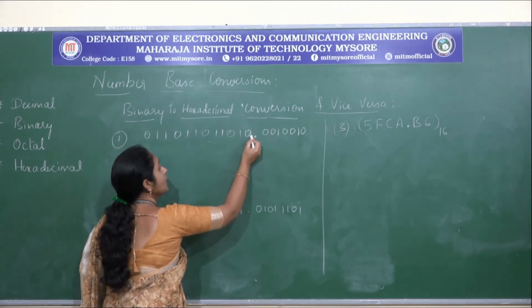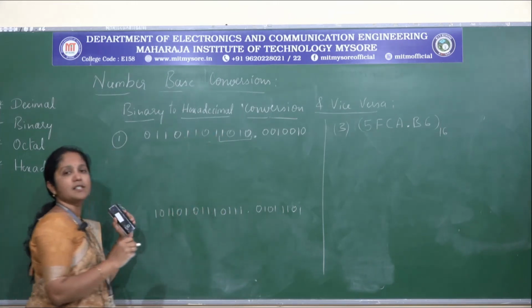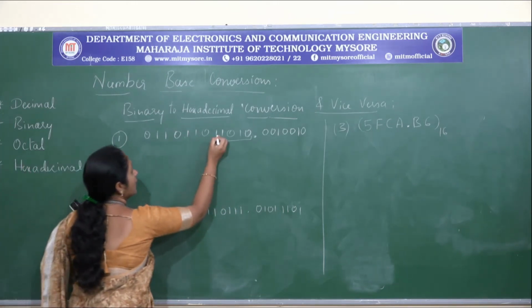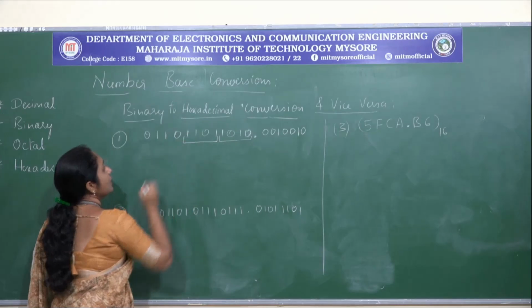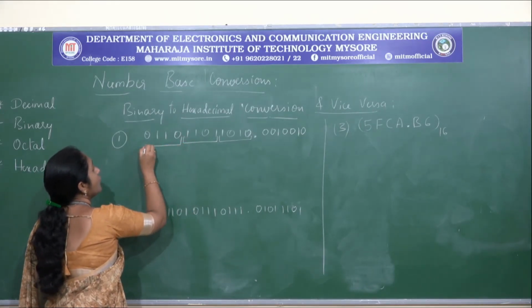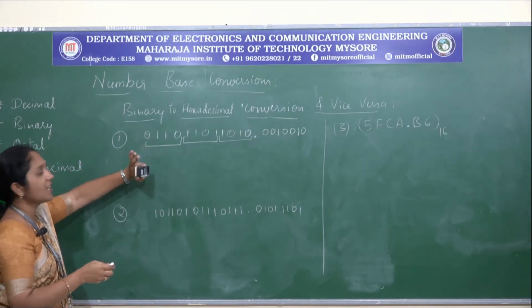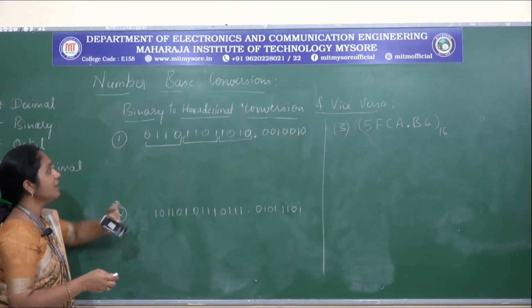We need to move to the left from this. So 1 0 1 0, 4 bits. Next again 1 1 0 1, next 4. Next, here I have written 0 even though it does not carry any value, so that I have 4.